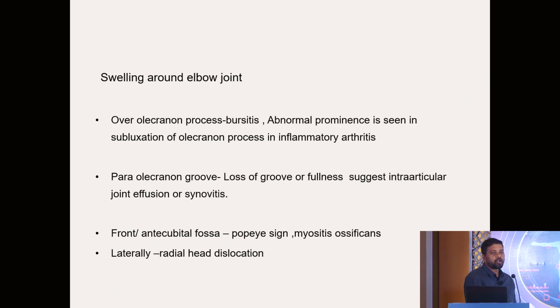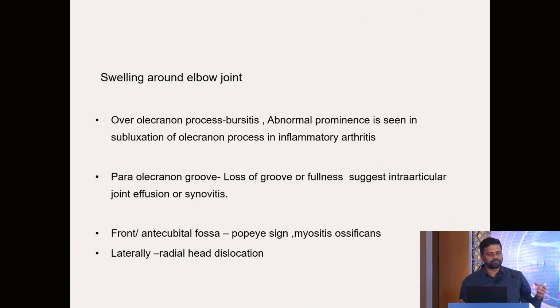Then swelling around the elbow joint. To observe for the swelling, just look from the front, back, medial and lateral side. Now this is the posterior aspect. When we get a swelling over the olecranon process, the possibility of bursitis or student elbow, abnormal prominences is seen.